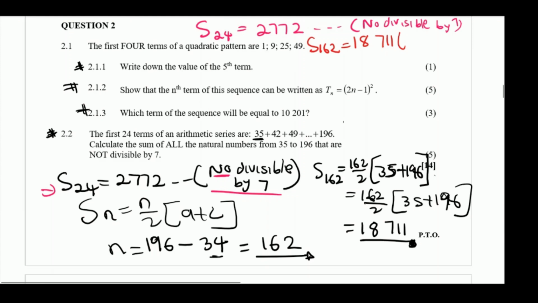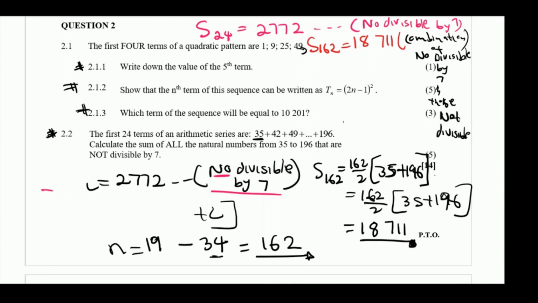It's a combination of numbers that are divisible by 7 and those not divisible by 7. So there's a combination here, a combination of those that are divisible by 7 and those that are not divisible by 7.